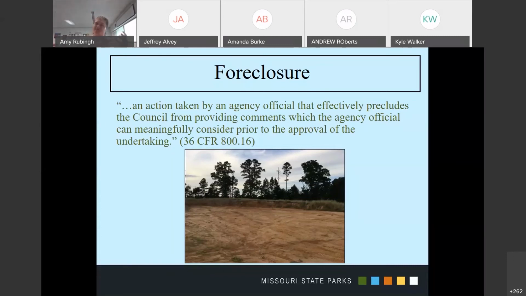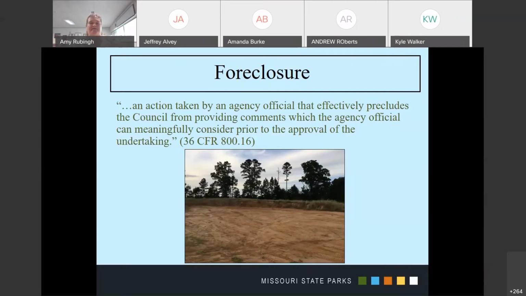Now, there's the big F and there's the little f when we're talking about foreclosures. Big F is when a federal agency goes ahead and they do their project without checking with anybody or with the SHPO. A small f is typically when a person applying for a permit, say they're applying for a use permit from the Forest Service or something like that, and they go ahead and they do their project, the Forest Service still has to notify SHPO, and if the project has gone forward, our time for comment has passed.